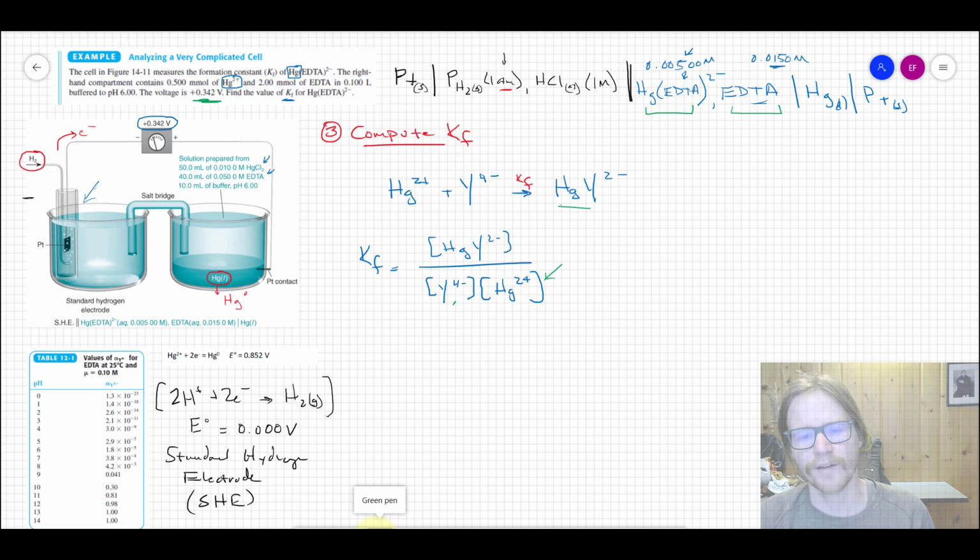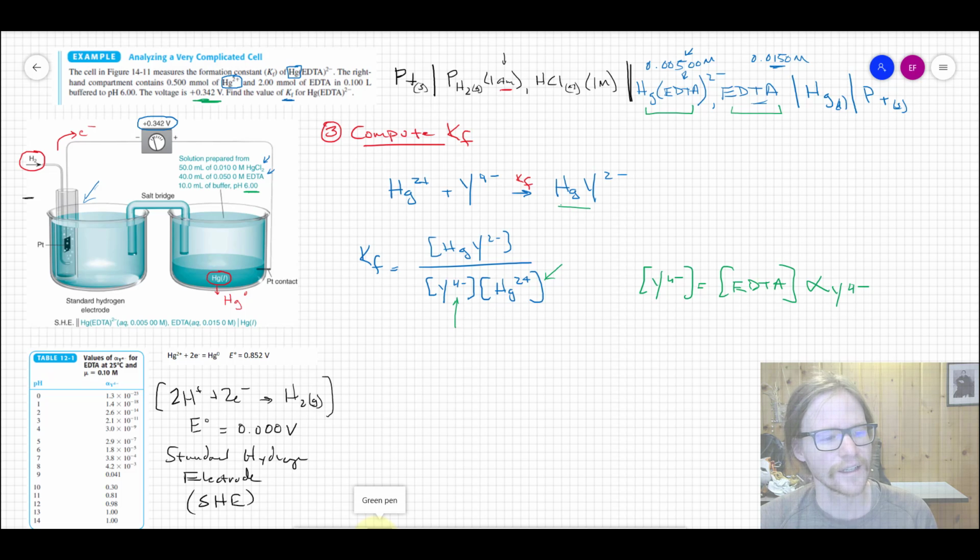We don't technically have the Y4 minus concentration, but that's easy to get, because remember the Y4 minus concentration is simply the EDTA concentration multiplied by whatever fraction it is in at the pH. We're told that this whole thing is sitting at pH 6, and the last thing we need is this table, which tells us that at pH 6 the fraction of Y4 minus present is 1.8 times 10 to the minus 5.